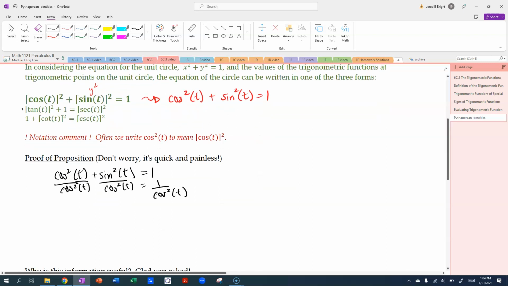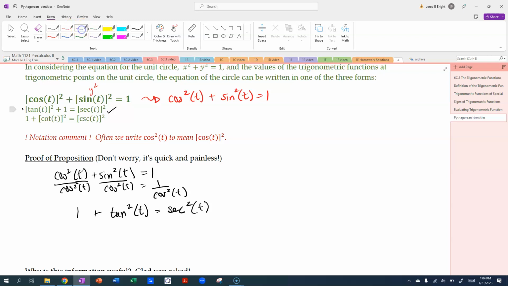And when I do this, cosine squared over cosine squared is 1. Sine over cosine is tangent, and then both of those are squared, so it's tangent squared of t. And then 1 over cosine is secant, and that's squared of t. So that's my second equation, or second identity.